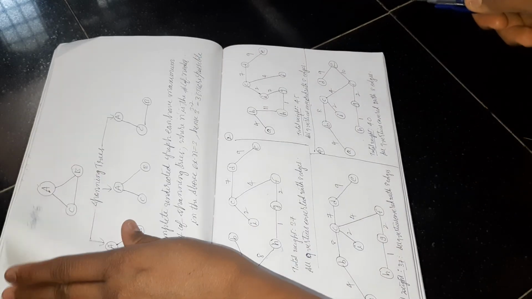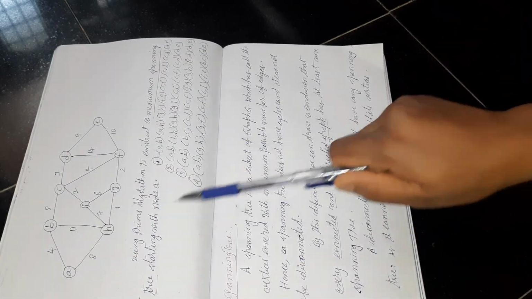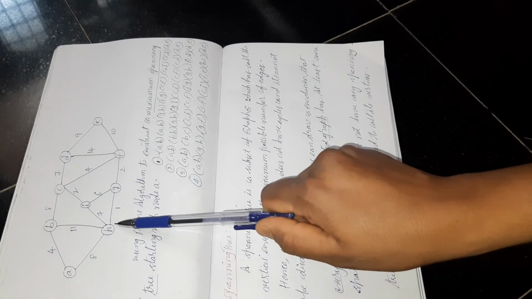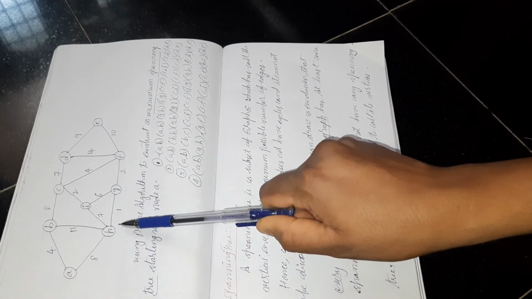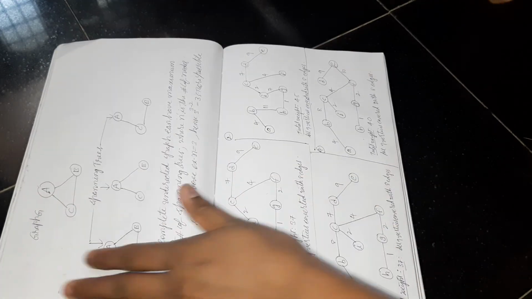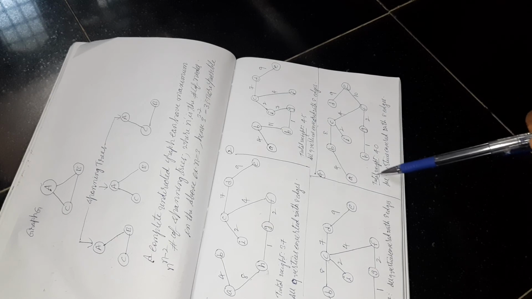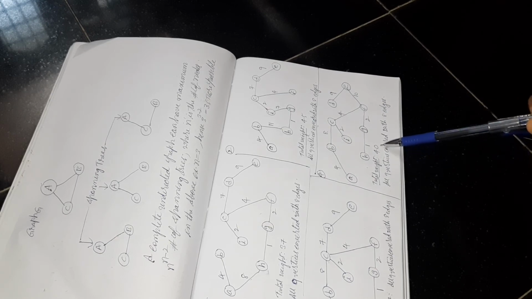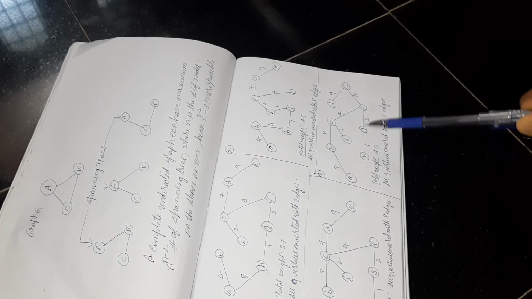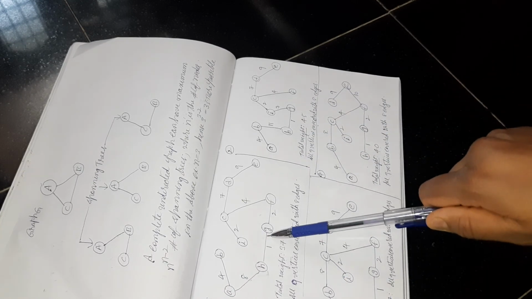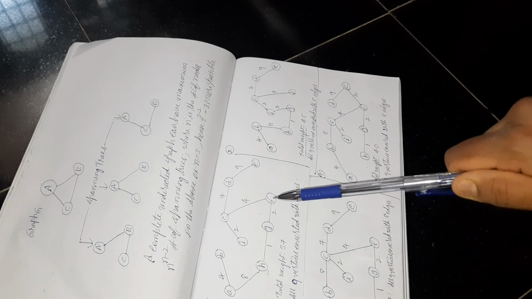Next, the fourth option. First he took AB, next he took GH. After completing, this is the spanning tree of the fourth option. It came to 40 as the total weight. From these weights we can easily say that 1 and 3 are the correct answers.